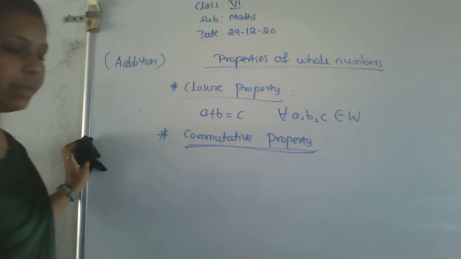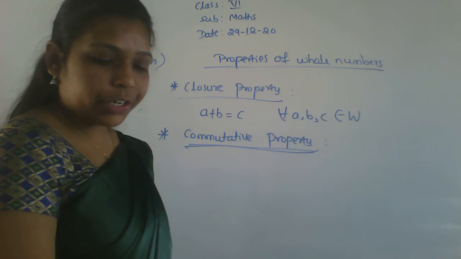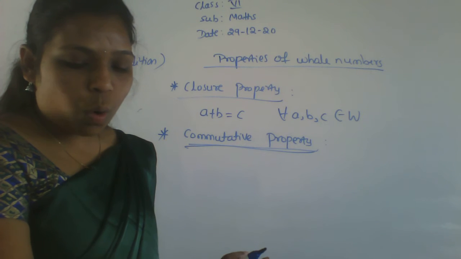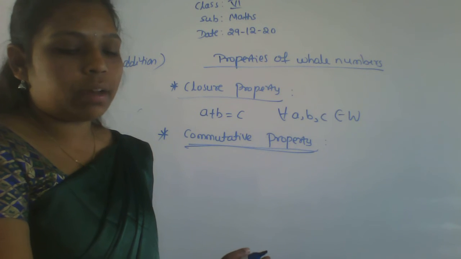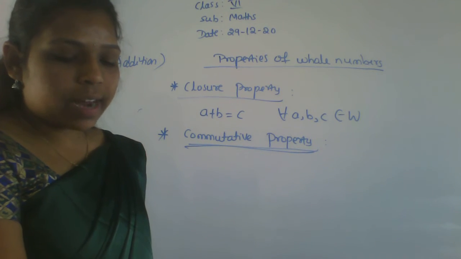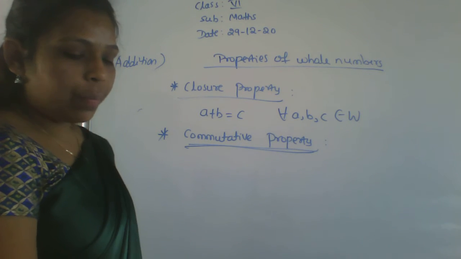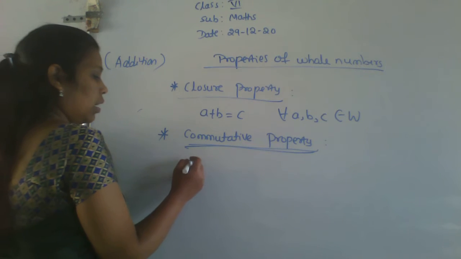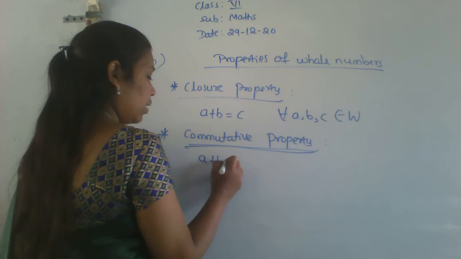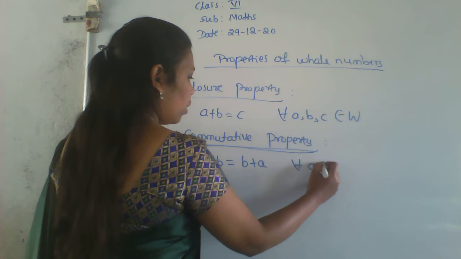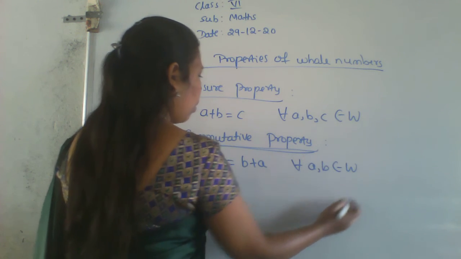Okay, commutative property is given here. What is the commutative property? The order in which you add the two whole numbers does not change their sum. We express this fact as saying that the addition of two whole numbers is commutative. See here, a plus b is equal to b plus a for all a, b belongs to whole number.